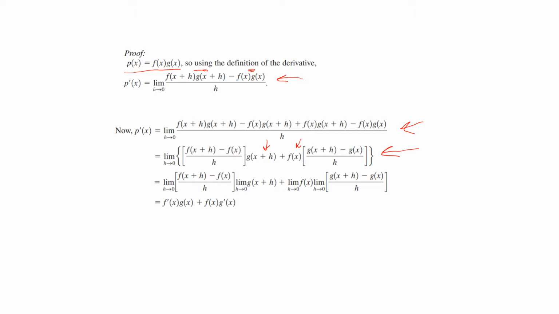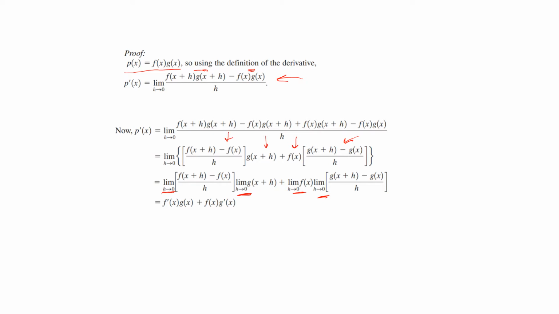When they did that, they ended up distributing the limits, which is one of the limit properties, over here. So basically they just distribute it all over. They distribute it to this part over here, to this, and this, so to four sections, which you can see we have four limits.